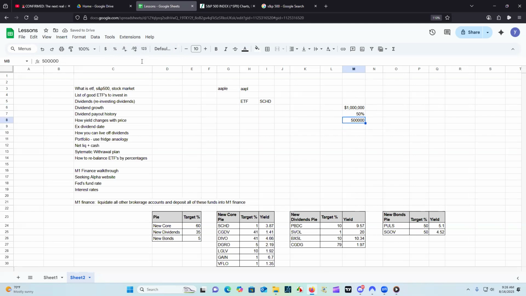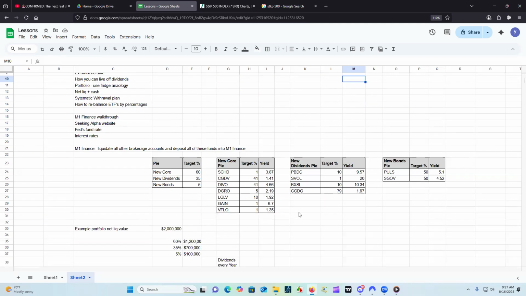Are you going to be able to sit there and watch that and be okay with it? No. So the maximum I want to see for a drawdown is like 20%. And that'll still be $800,000 that you'll see in your portfolio, but that's a lot better than seeing it come down to 500,000.